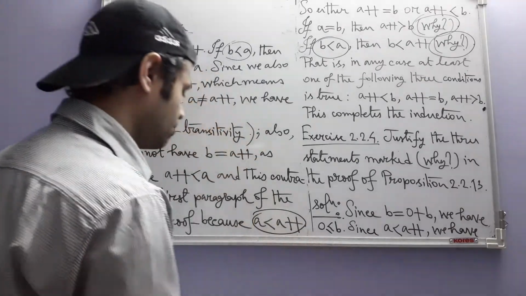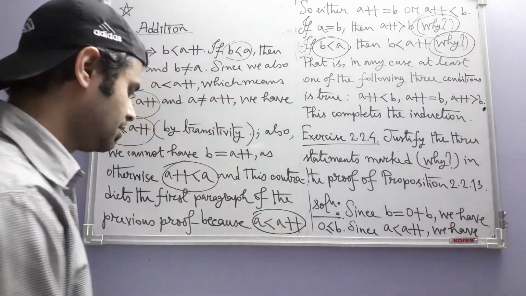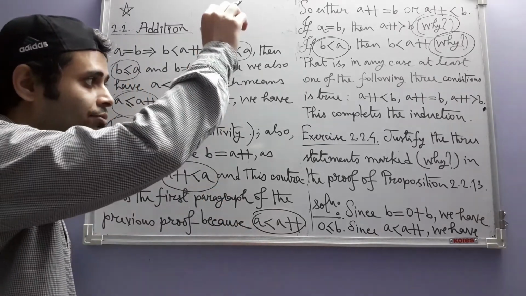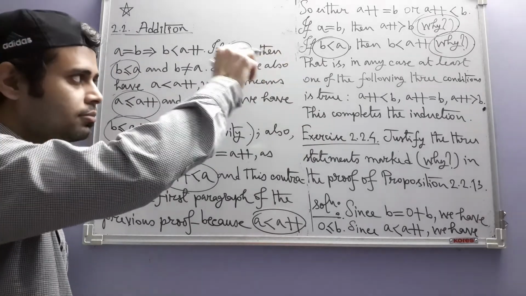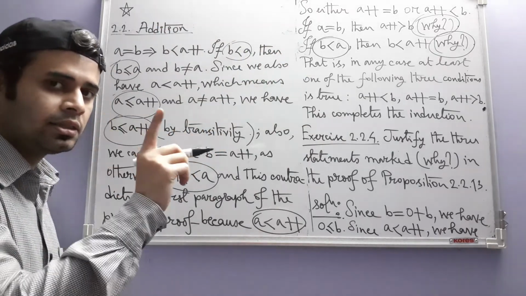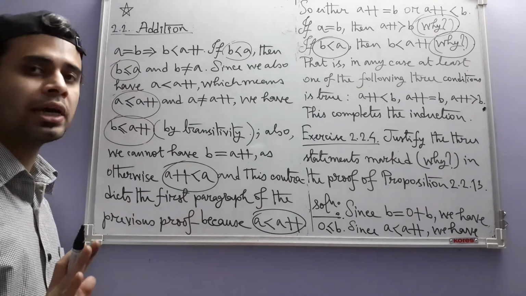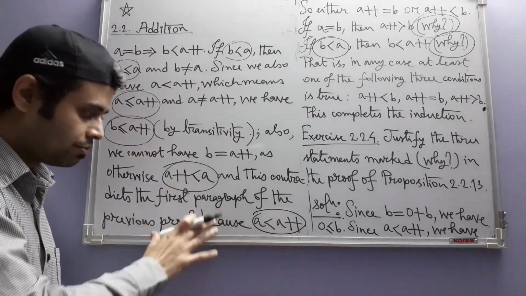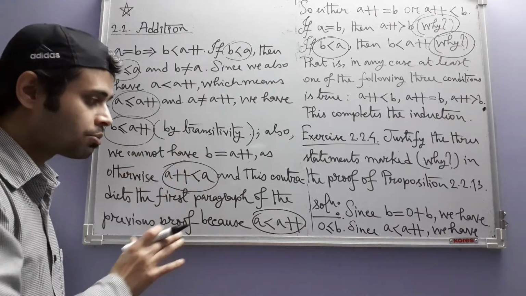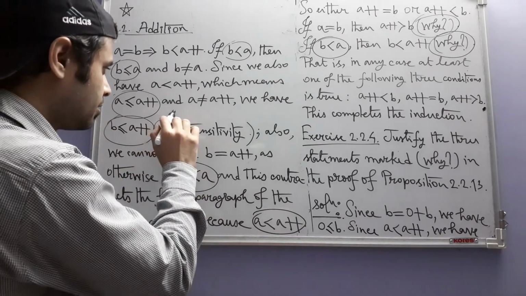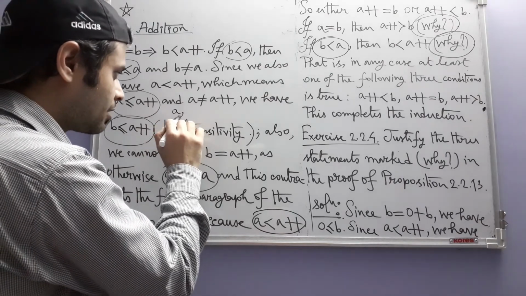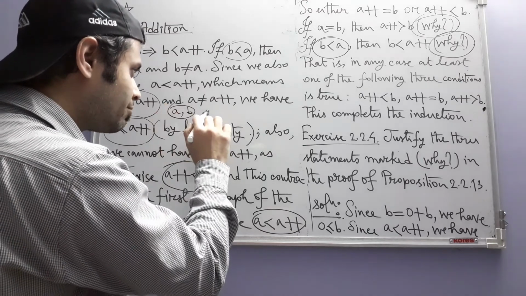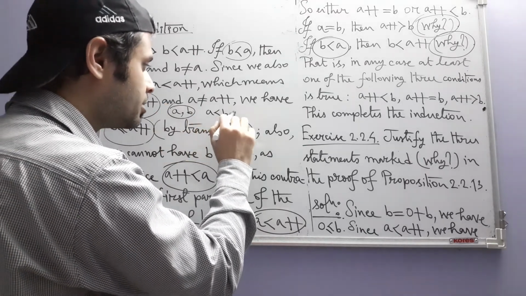Now if I have this and at the same time I have this, then this violates what we have done in the first paragraph of the previous proof. And in the first paragraph there was no why. It was proved independently of anything that we are doing here. And what was proved? It was proved that if we are given two natural numbers, then no two of these three conditions are simultaneously true.